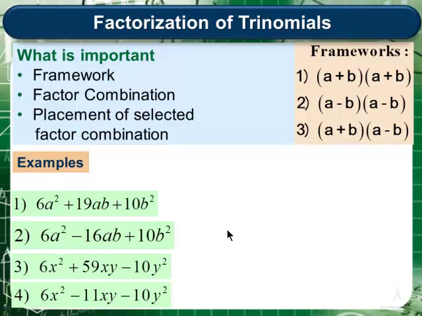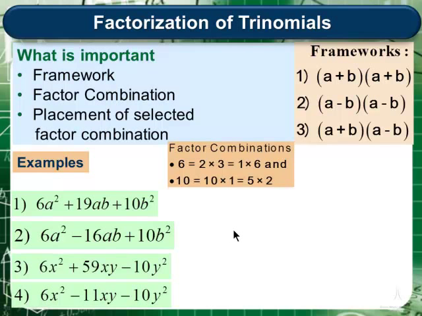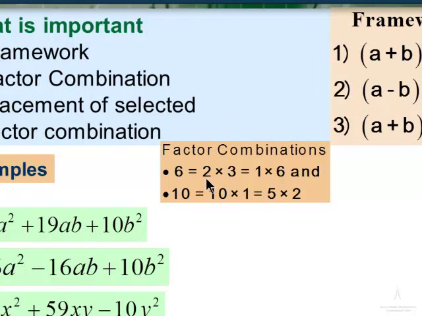What do we mean by factor combinations? We always have to look at the possible factorization of the first numerical coefficient of a trinomial and also the final numerical coefficient. So for example, the 6 and the 10, if we consider that, we have factorizations 2 times 3 or 1 times 6 for the first numerical coefficient, and for 10 of course 10 times 1 or 5 times 2.